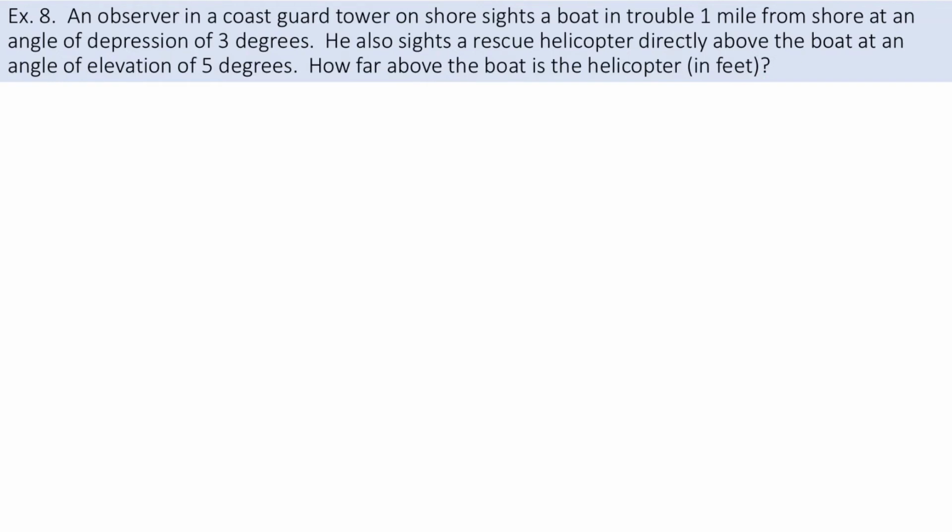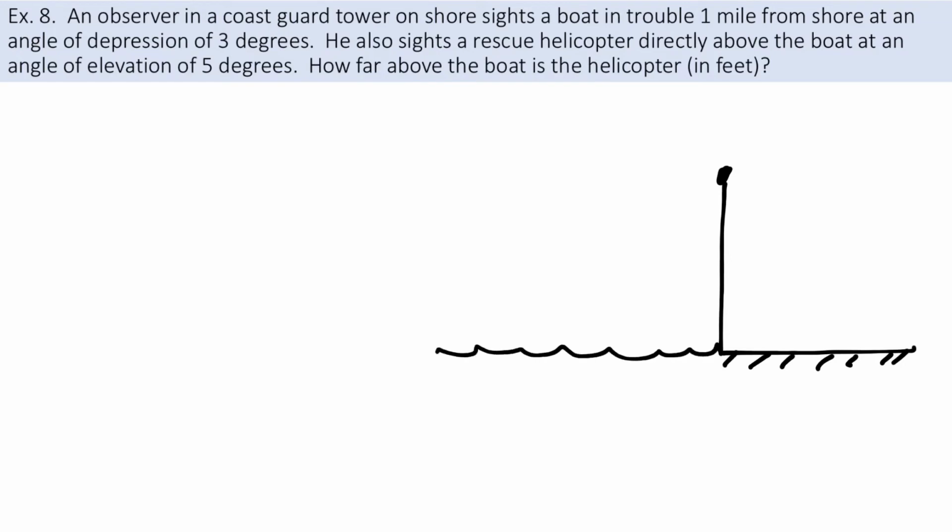So first we have a tower on shore. So here's the ground over here, solid ground. And then of course we have a boat in the water out here somewhere. All right, so now we have a boat out here in the water.